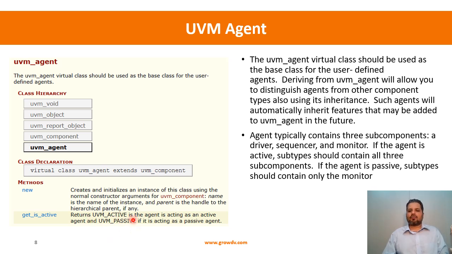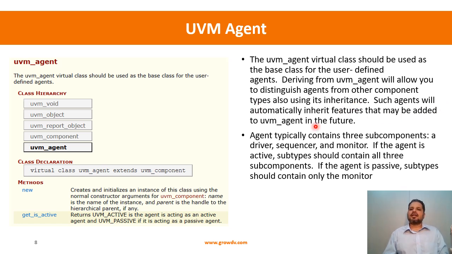An active agent will contain both the sequencer and the driver, whereas the passive agent will contain only the monitor. The UVM agent virtual class should be used as a base class for user-defined agents. Deriving from UVM agent will allow you to distinguish agents from other component types, also using its inheritance.